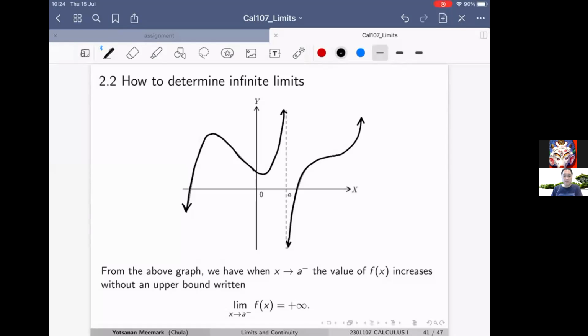the behavior of the function, if the function is unbounded. For an unbounded function, it can go either pretty large in terms of positive, or pretty large in terms of negative.